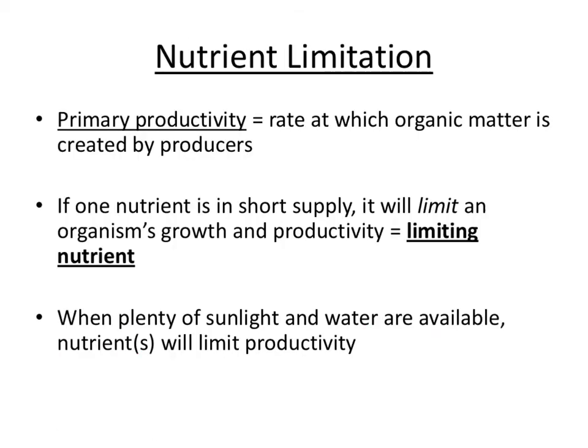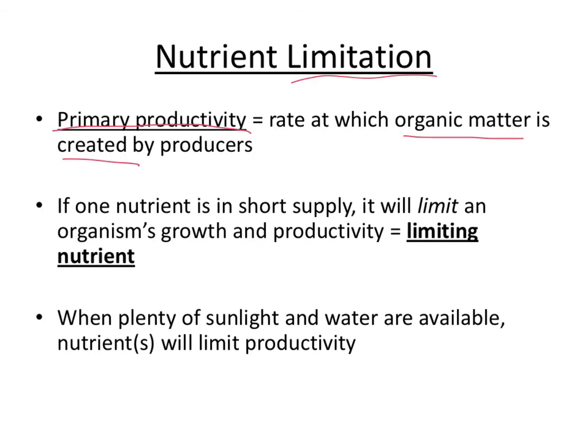Now, the last thing I want you to know about from this chapter that is quite important is what's called nutrient limitation. One of our final vocab words here is primary productivity. What this means is just how much are producers producing, right? So this is the rate at which organic matter is created. So at what rate are plants making chemical energy in the form of carbohydrates for us to eat?